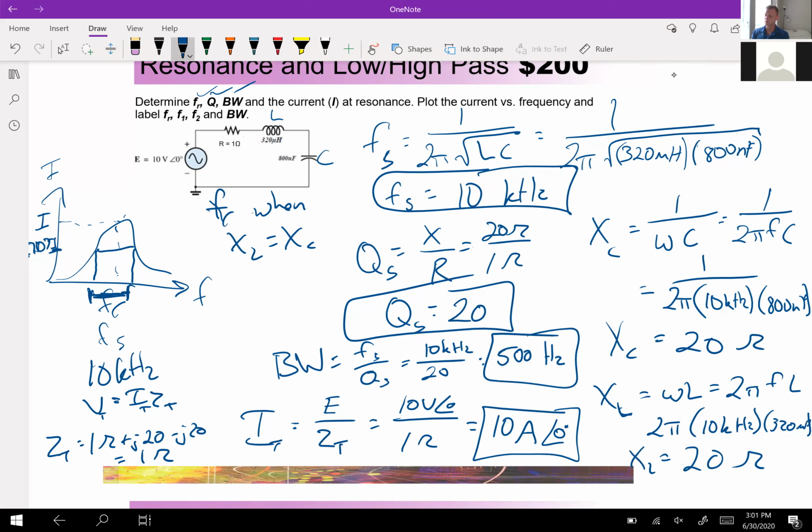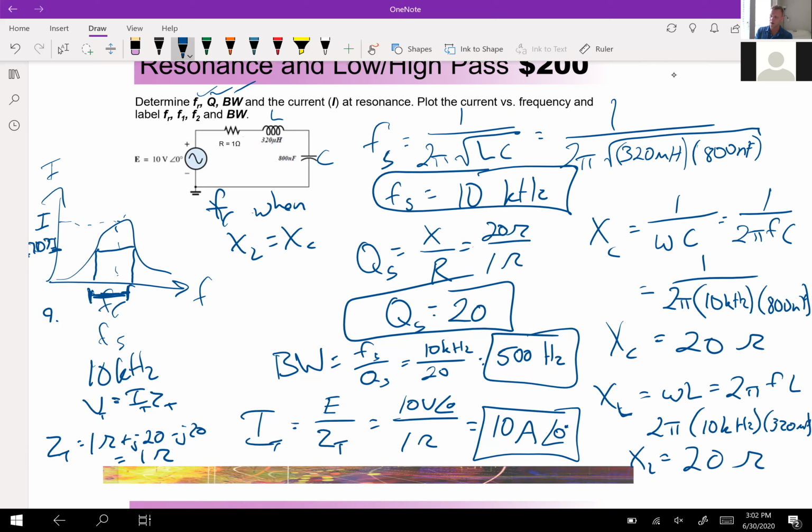Okay, so there's the parts. The last one is plot the current versus frequency and label the resonance, F1, F2, and the bandwidth. I basically labeled those. The only thing I haven't labeled is the width of these. So if this is 500 hertz, there is an equation for it: FR plus or minus the bandwidth divided by 2. You can almost just see that.